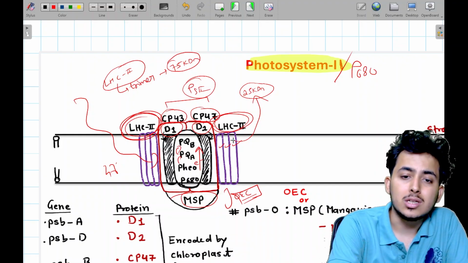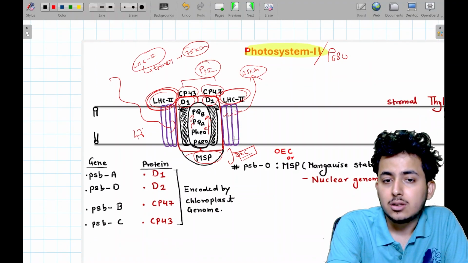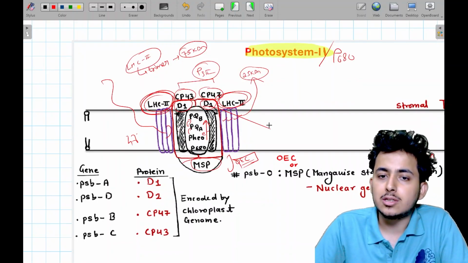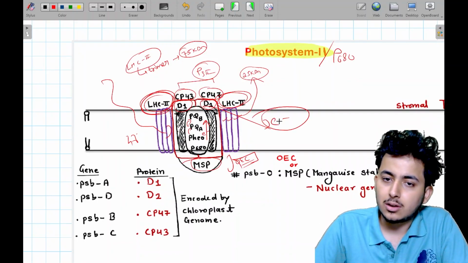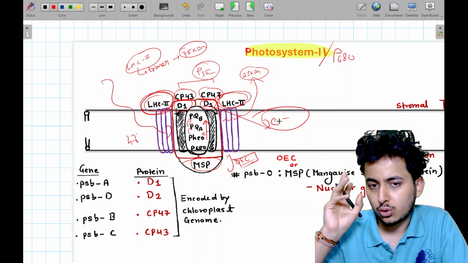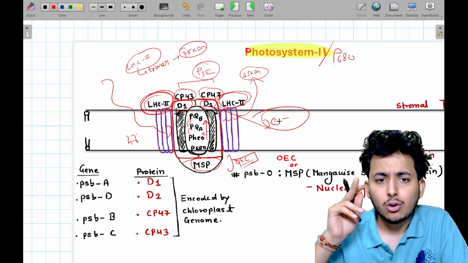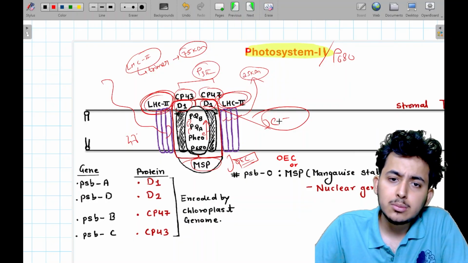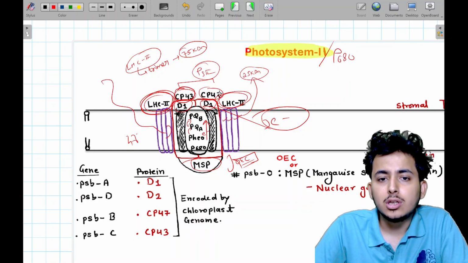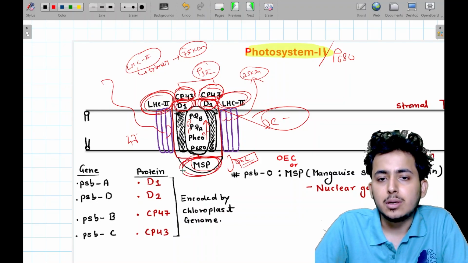PQ is plastoquinone, and the flow happens like this, and then the electrons are further transmitted. That flow we will study in cyclic and non-cyclic photophosphorylation. But for now you need to be very clear with the different components: the CP43, CP47, D1, D2 proteins, and MSP.